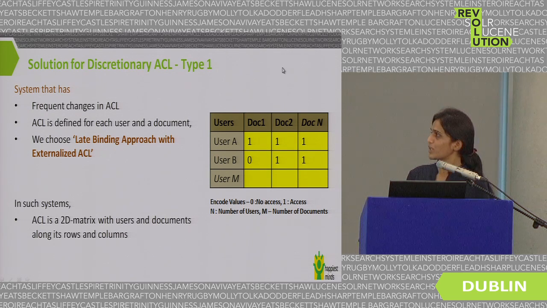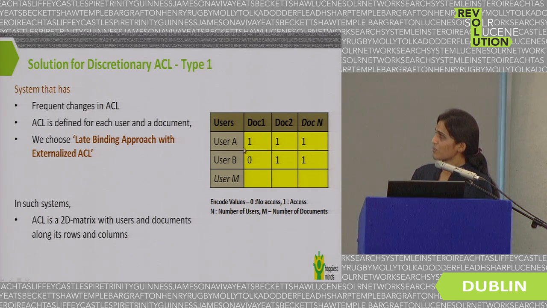We would need a 2D matrix representation with every new user added row-wise and every new document added column-wise. 0 stands for the user having no access and 1 stands for the user having access. So if we see user B, document 1, he has no access, and user A, document 1, has access. We would require such a 2D representation to hold the access control list in the system.